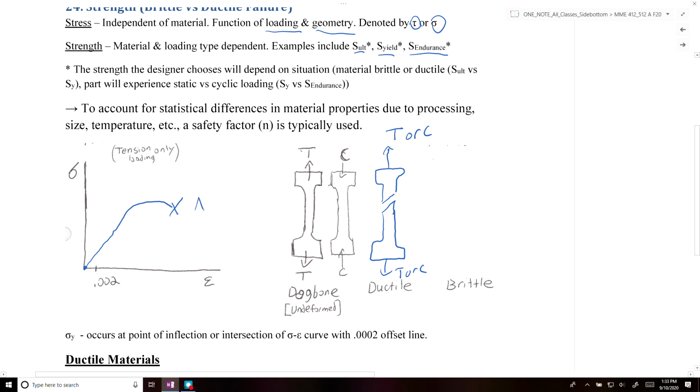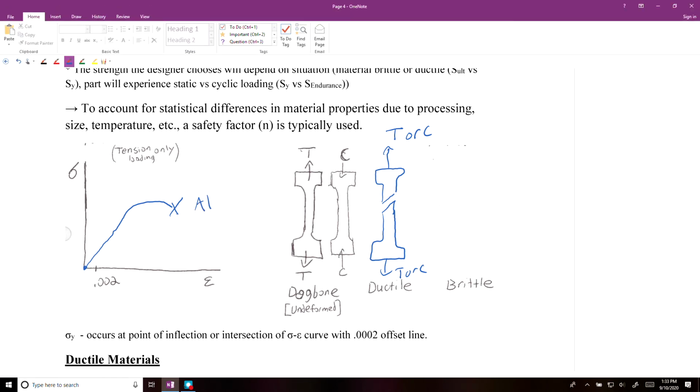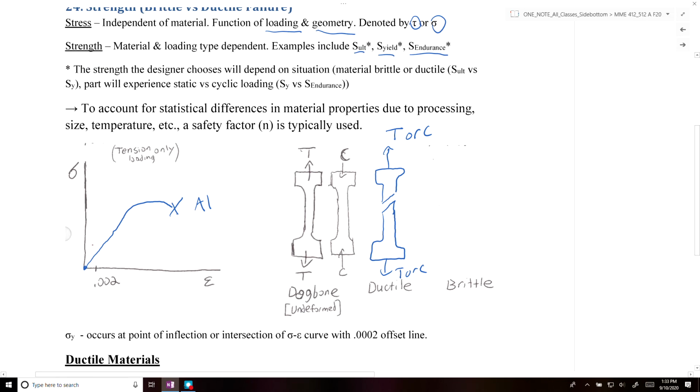And then for a carbon steel, typically steels will undergo something that looks like this, where they'll have some inflection, and then they'll finally fail at a higher stress, after plastic deformation begins. So this would be for carbon steel.